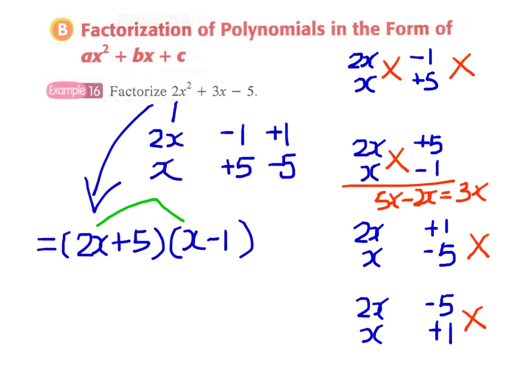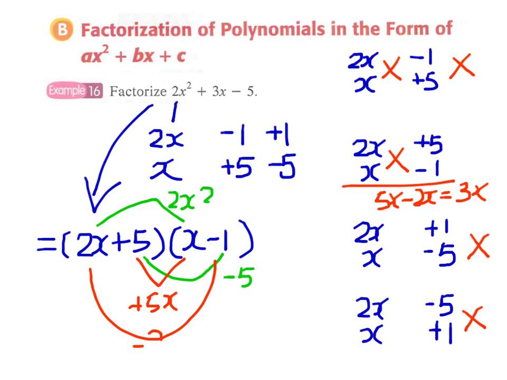Now we have 2x times x giving 2x squared, plus 5 multiplied by minus 1 giving minus 5. And for the middle term, we have plus 5x and then minus 2x giving plus 3x. And therefore, we are quite confident that we arrive at the correct answer.